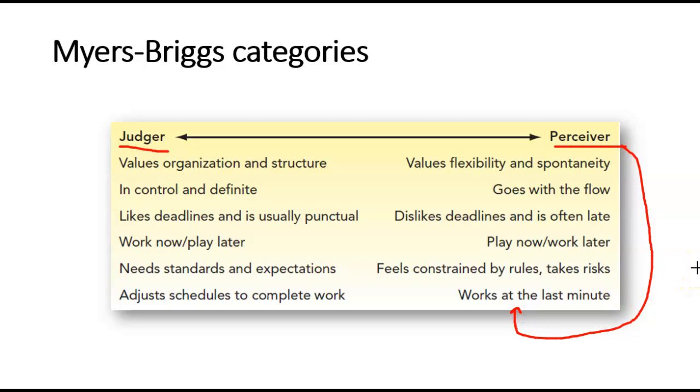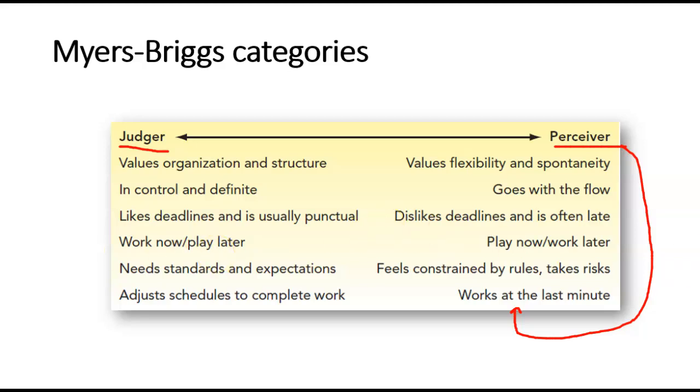So this is one of those ideas where we need clear norms, and we need to realize that when we have perceivers in the group, maybe we need a little bit more leniency and flexibility in how we establish deadlines. Maybe instead of it being due tomorrow, if we can, we try and work it out towards due in 3 days, or whatever works for our timeline, right?